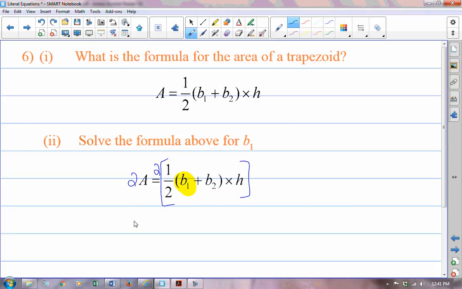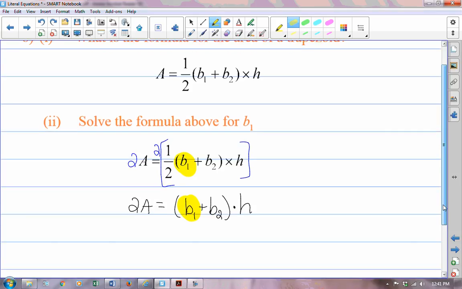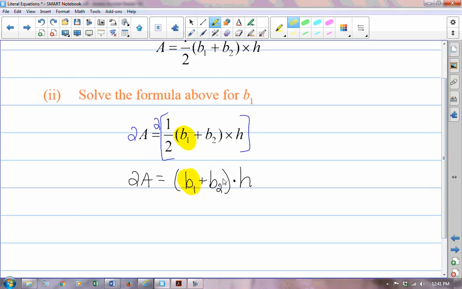So we have 2a is equal to, and then we have our b sub 1 plus b sub 2 being multiplied to h. Now remember, we're getting the b sub 1 by itself. We still have something outside of our parentheses, and it's being multiplied, so we are going to divide both sides by h.